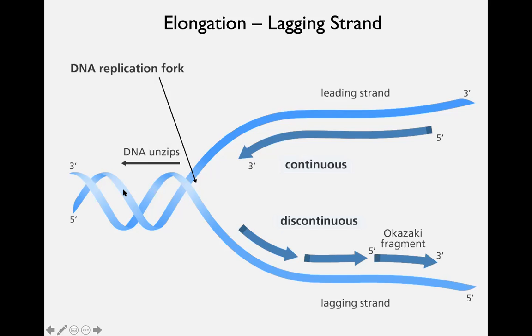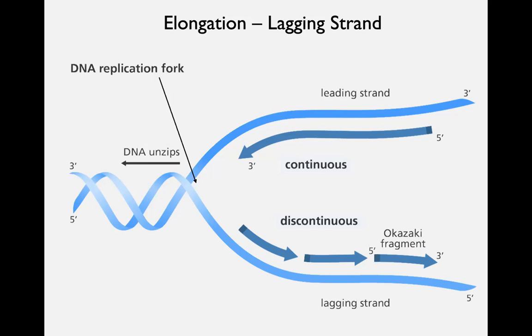There's a replication fork. Unfortunately, on the lagging strand, the 3' end of the lagging strand is going this way. So we have to add new bases, growing the strand, synthesizing the strand away from the replication fork.